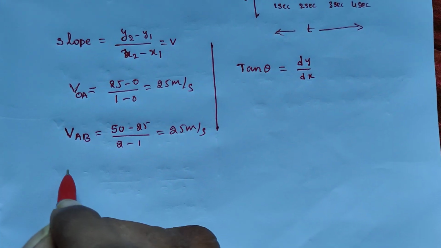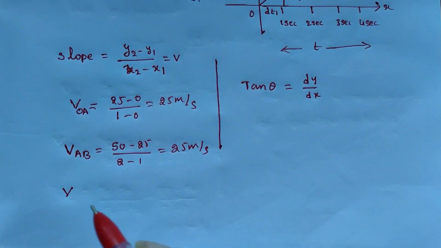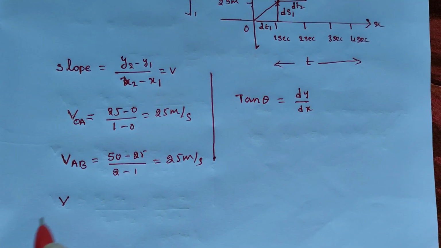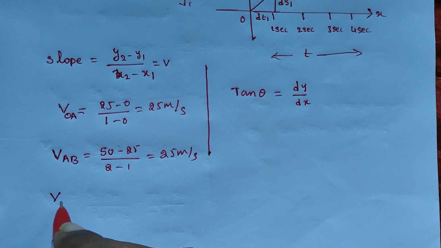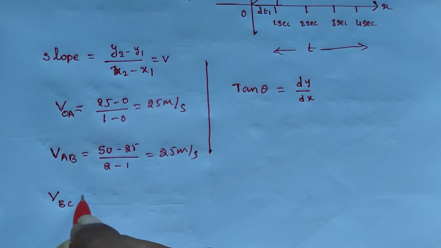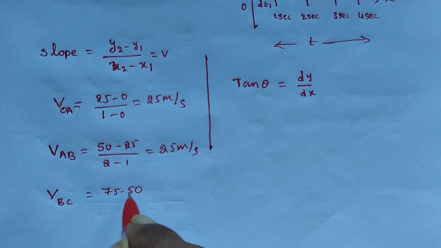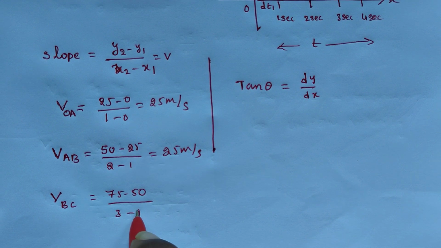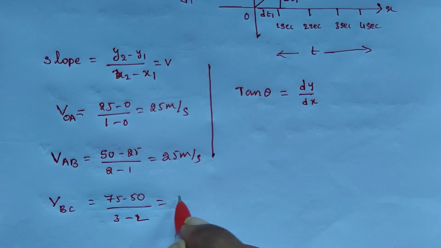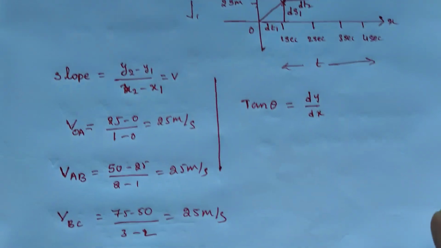Okay, next we have to find out the velocity between B and C. Slope of BC is equal to the velocity of the body between B and C. So how much is it? 75 minus 50 divided by 3 minus 2, that is equal to 25 meter per second. Understood?